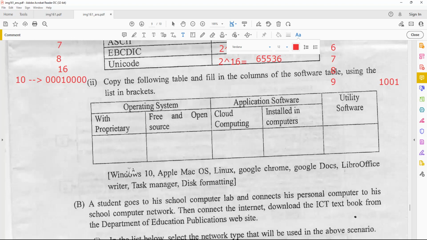So what are the operating systems? We'll start with that one.